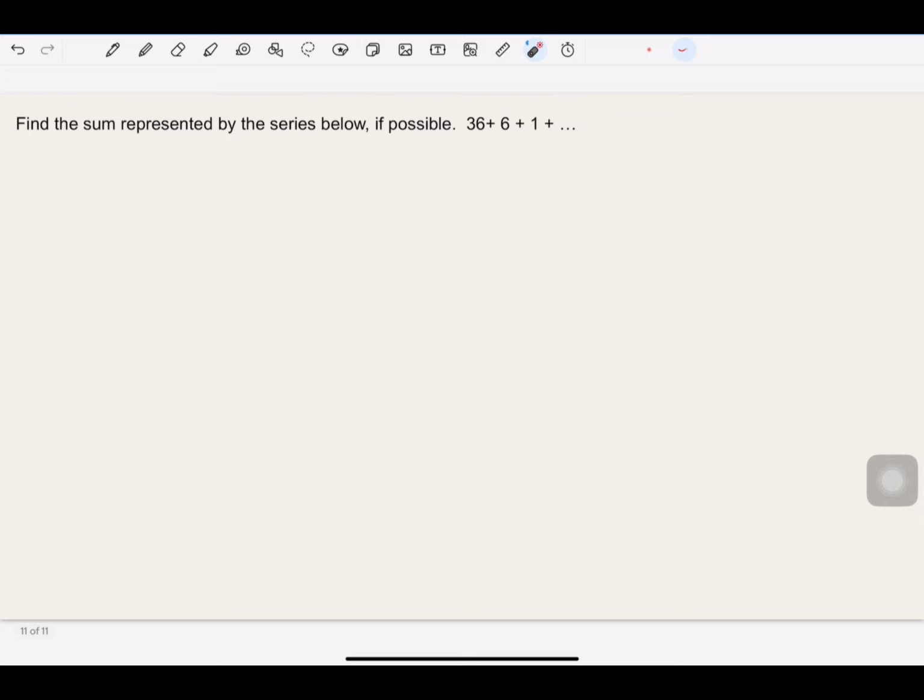In this example, you're asked to find the sum represented by this series. Let me write this: 36 plus 6 plus 1, and it seems like it goes on forever. First of all, once you examine these three terms, you see that this is a geometric series because there is a common ratio.